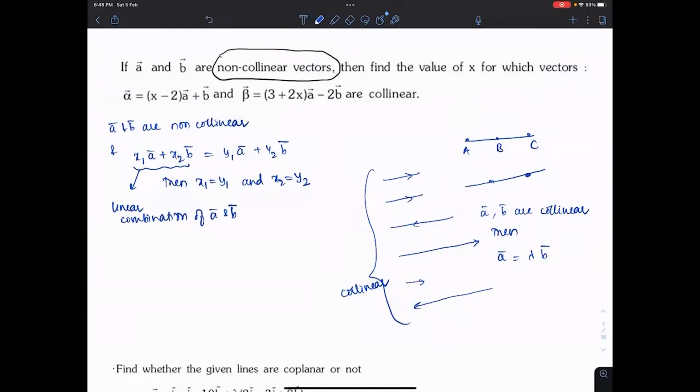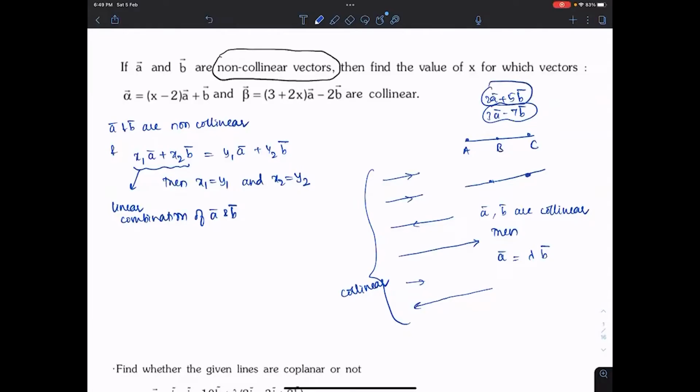Okay. So if you make a linear combination of A bar and B bar, that means 2A bar plus 5B bar, that is one linear combination of A bar and B bar. 3A bar minus 7B bar, that is another linear combination of A bar and B bar. So if you make one linear combination of A bar and B bar, and another linear combination of A bar and B bar, 2 linear combinations we have made.